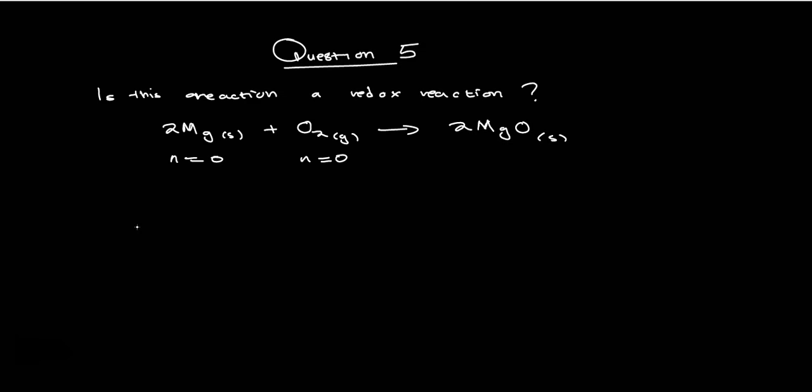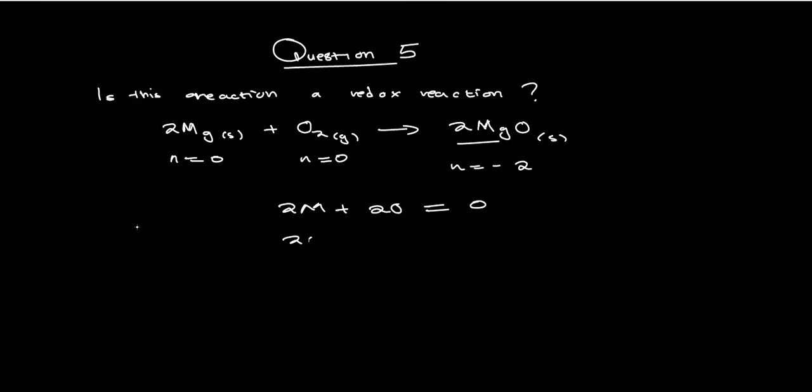Let's talk now about this side. The oxidation number of oxygen in any compound is -2. So let's find the oxidation number of magnesium. We say 2Mg plus 2 oxygen. Since this is a neutral state, it's not charged, it will be equal to 0.